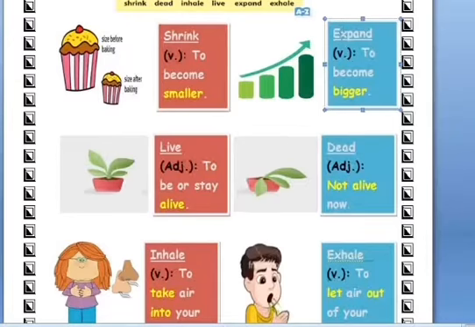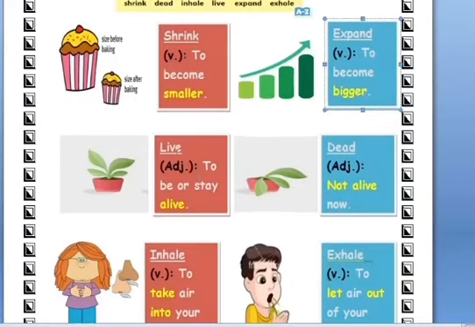Look at this picture. It is small and bigger, bigger and bigger. So expand is a verb, means to become bigger. So you see here, it's to become smaller and here to become bigger. Shrink and expand are two antonyms.